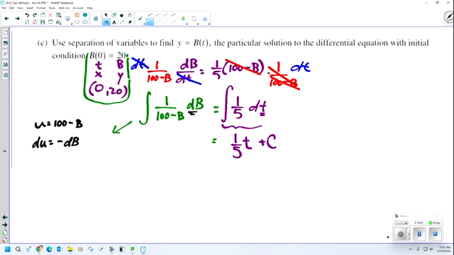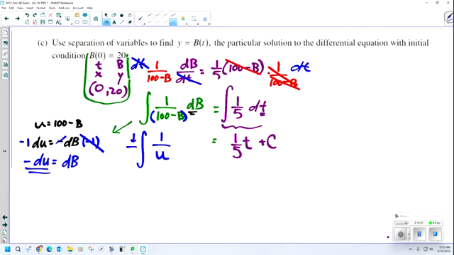So if I multiply both sides by negative 1, I have dB equals negative du. Let's do our substitution. The integration of 1 over u is going in for this. I'm going to put negative du, put that negative on the outside, du in for my dB.